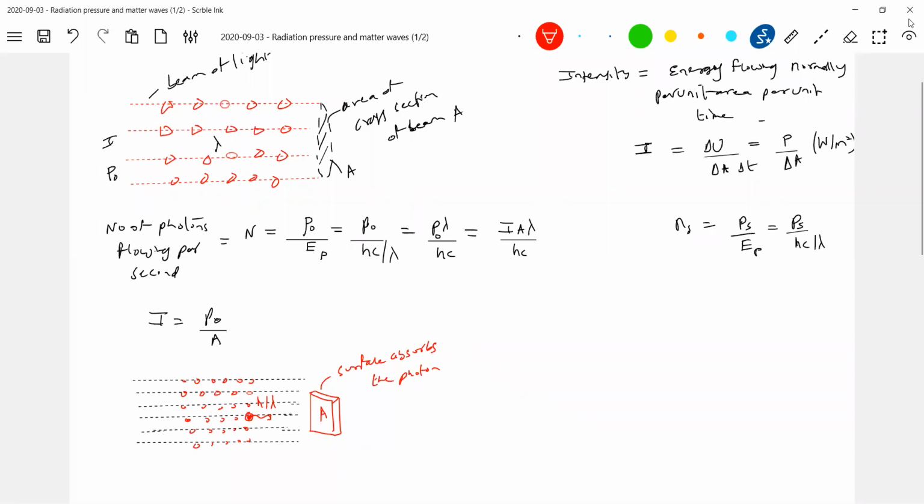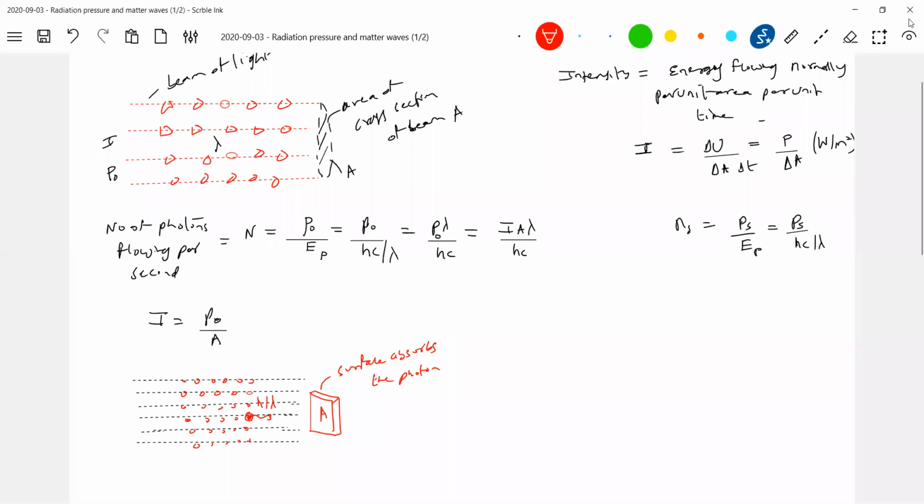The momentum of a photon is what? H by lambda. So then the photon is absorbed. It was moving, and finally what happened? It loses all its energy. Once it loses energy, there is no question of the photon itself existing. So the momentum of the photon changed here. So how to calculate that particular force? This is the number of photons incident per second.